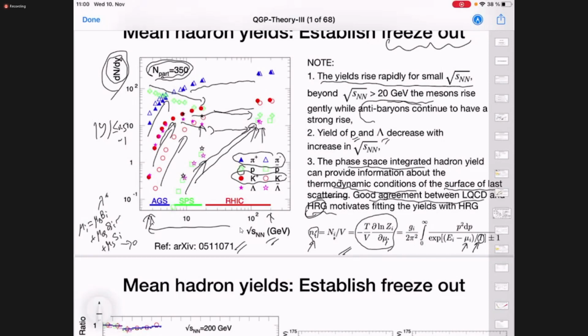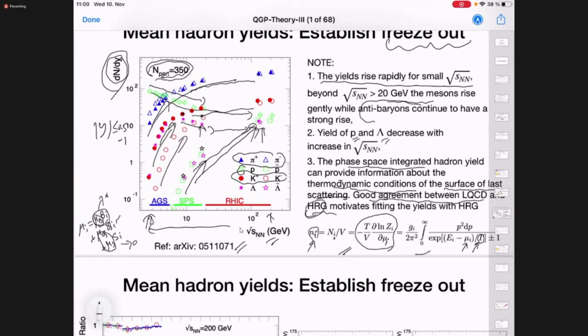And typically for the values that we obtain, mu B is the most important because that's the largest. These mu Q and mu S are much, much smaller, an order of magnitude smaller. So if you're talking, however, of a proton, then it gets a very large contribution from this mu B. So this observation that you are seeing here, that the pion is varying in one way and the proton is varying in another way.